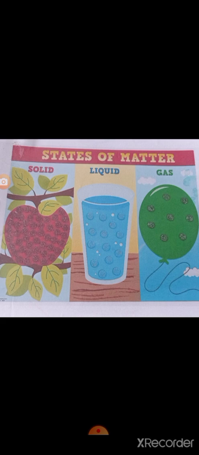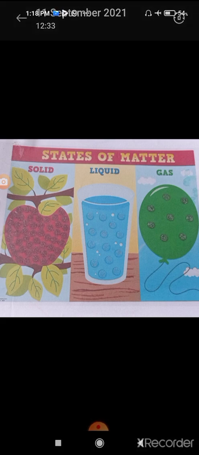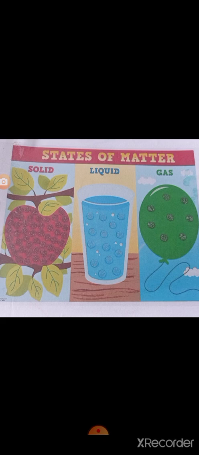If we loosen the tightening of the balloon, the gas flies away. So what will happen? The gas flew away and the balloon gets ruptured. So it shows that gas has no definite shape and no definite volume.